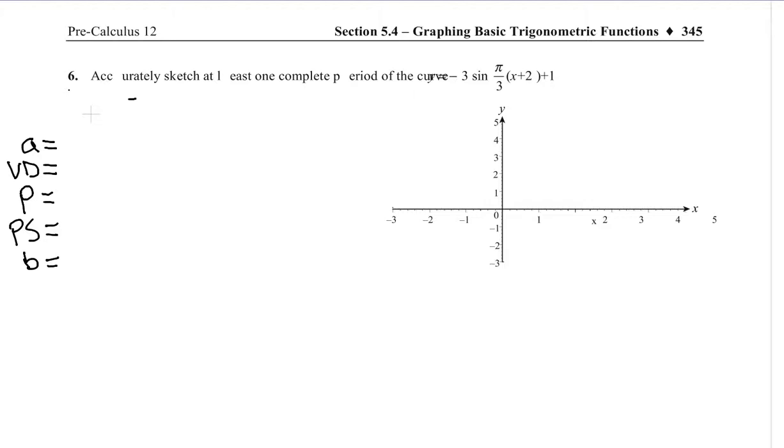Okay, so I like to start these questions by writing what I'm looking for. Abbreviated, this is amplitude is A, VD is vertical displacement, P is period, PS is phase shift, and B is part of the formula, or the form, which I'm going to write at the top.